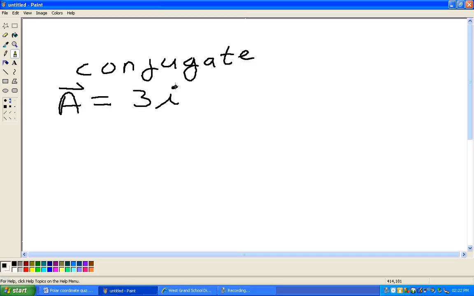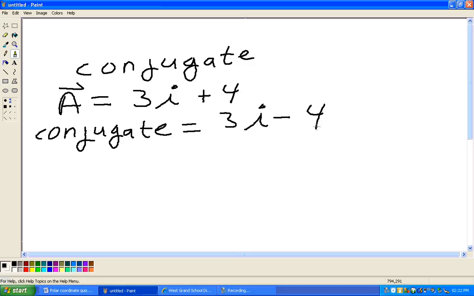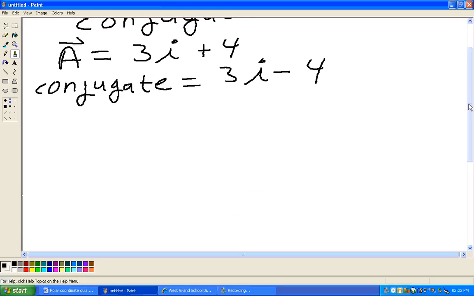If I have 3i plus 4, the conjugate is 3i minus 4. And that's all there is to writing a conjugate. Now let's use the conjugate.